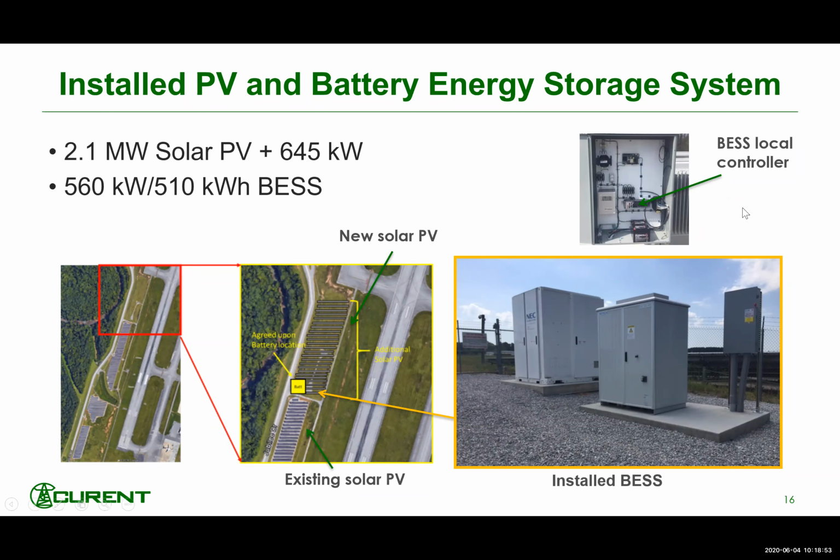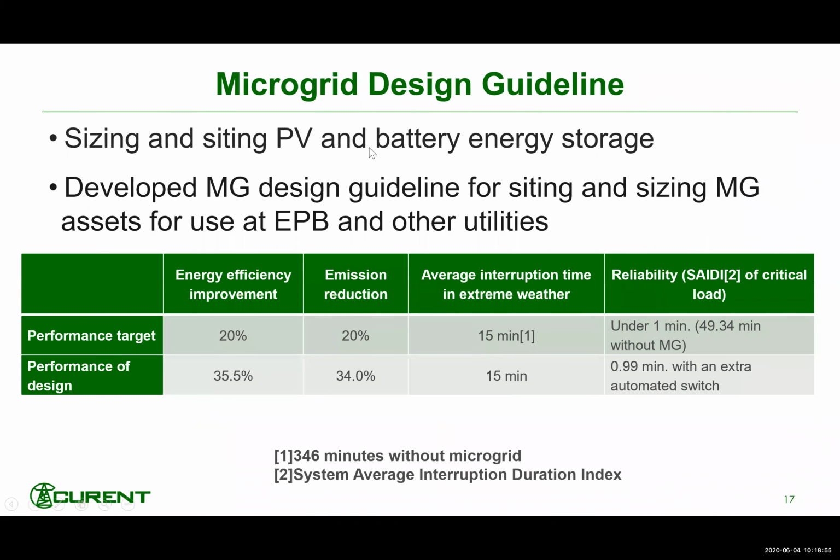Regarding the microgrid design, the purpose is to design the microgrid control system regarding the siting and sizing of the PV and battery, and we also developed a design guideline, which is a general procedure for siting and sizing of microgrid assets for use by EPB and other utilities. For the design, we have 4 objectives.